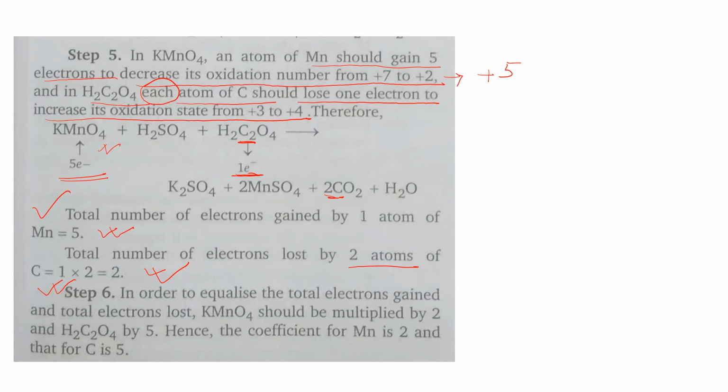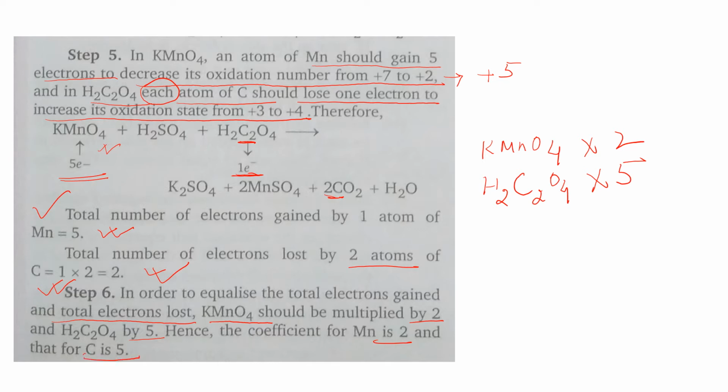In order to equalize the total electron gain and total electron loss, KMnO4 should be multiplied by 2 and H2C2O4 should be multiplied by 5. Hence the coefficient of Mn is 2 and the coefficient of carbon is 5.